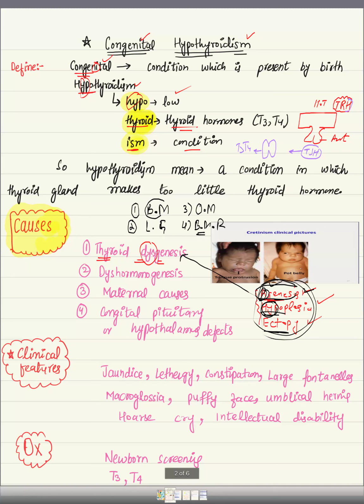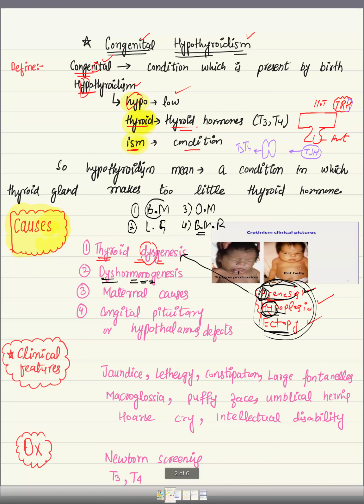And then we have the other important cause, which is called dysharmogenesis. So what is the meaning of dysharmogenesis? Basically, it is a term used when the thyroid hormones are not going to be produced in your body. So when the defect is present in the formation of T3 and T4, it is called dysharmogenesis.